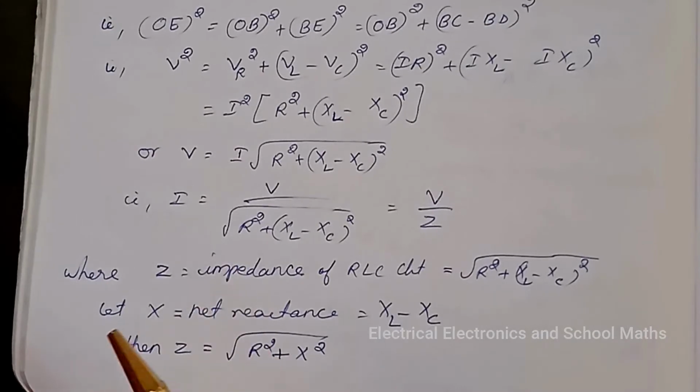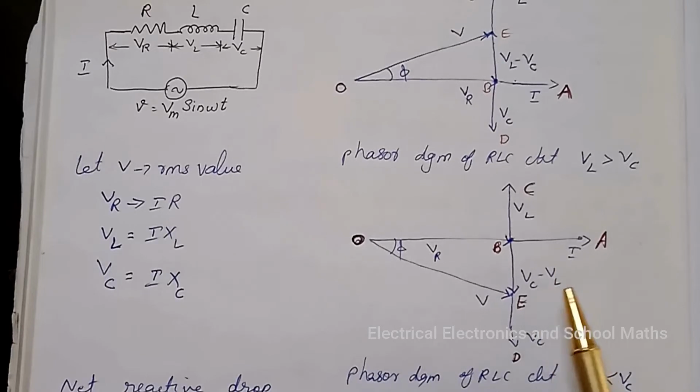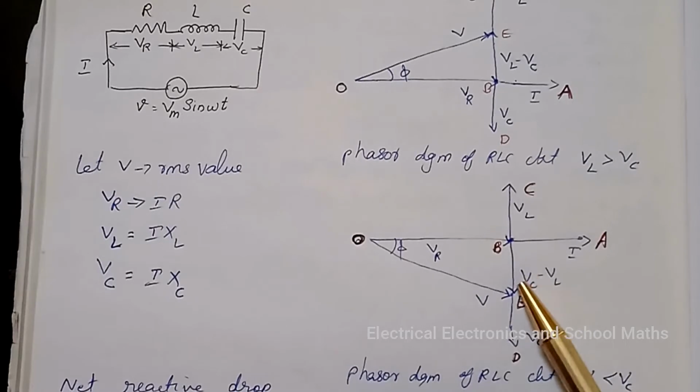And in case the voltage across the capacitance is greater than the inductance, that is, if VC is greater than VL, then the resultant circuit becomes capacitive. The phasor diagram is shown like this. Thus, the power factor of such circuit is leading.